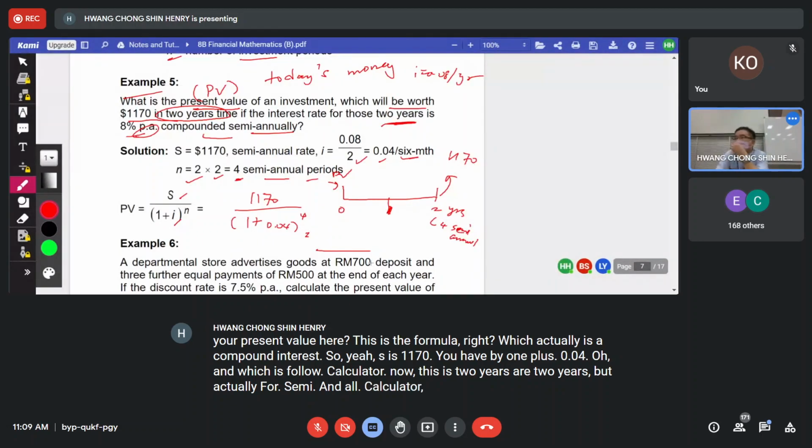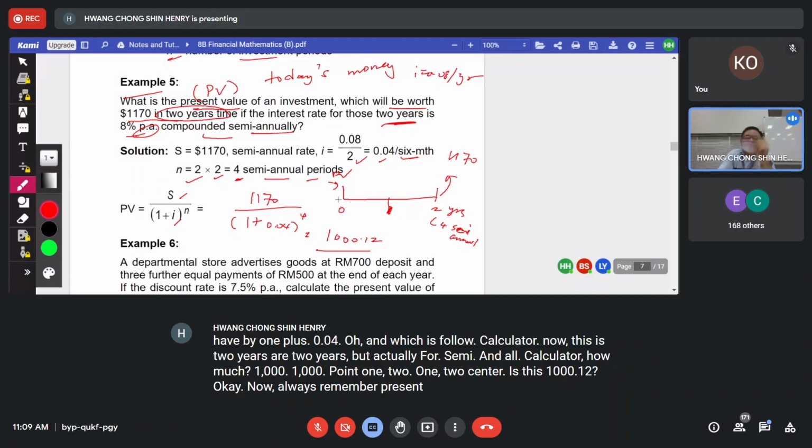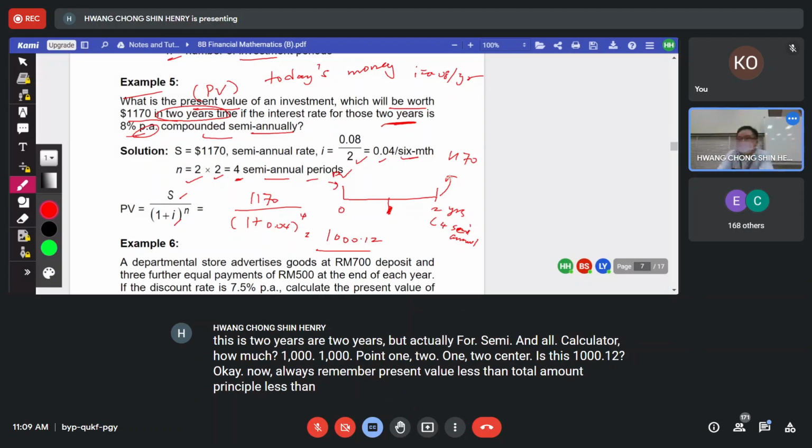Calculator, how much? 1,000.12, 12 cents. Agree? Now, always remember, present value is less than total amount. Principal is less than the accrued amount.